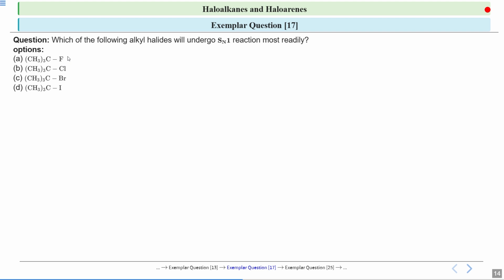Try to observe the relationship between these different alkyl halides given. What is same, what is different, okay, and what we actually focus on while looking at the reaction rate of the SN1 mechanism. Then you can answer this question. So you have given some time. Try to solve this question and then we will see the answer.